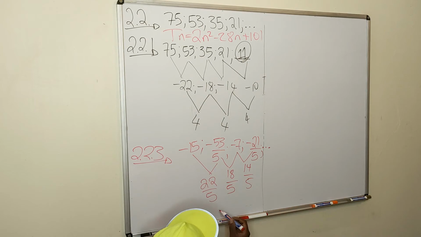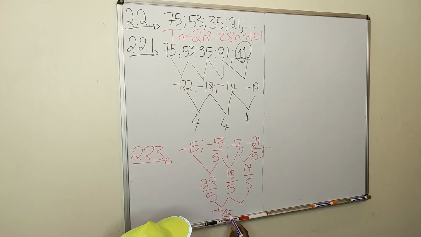Then we continue. Let's say we go for the second difference to see what's up. So 18 over 5 minus 22 over 5. What is it? It's minus 4 over 5. Right?